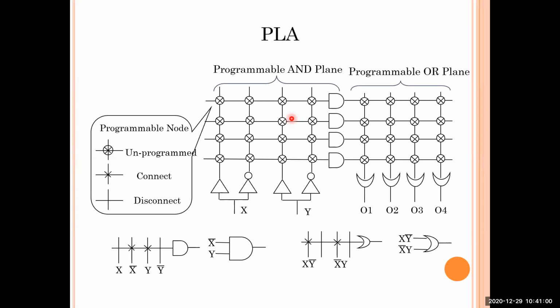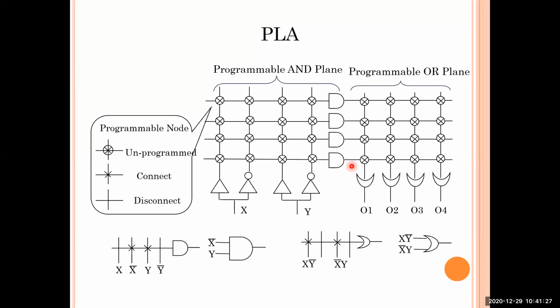You can design any kind of two-level sum of products form. For any Boolean equation, you can draw the PLA structure, and it will be the same in the case of PAL also. You can draw any PAL structure for Boolean equations.